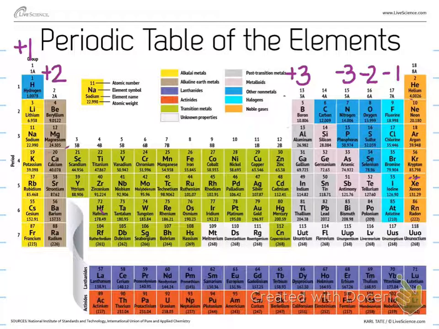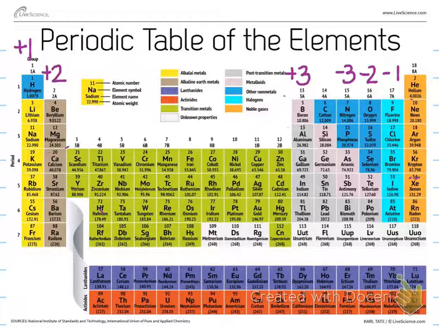If you get there by figuring out how many valence electrons and is it easier to gain or lose, that's fine. Okay? Tall columns of the periodic table, the group A elements, you should be able to use a periodic table to figure out the charge on the ion.